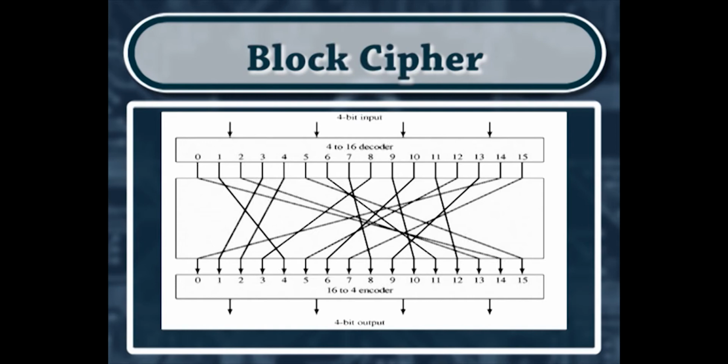For n = 4, a 4-bit input produces one of 16 possible input states, which is mapped by the substitution cipher into a unique one of 16 possible output states, each of which is represented by 4 ciphertext bits. The encryption and decryption mapping can be defined by a tabulation.